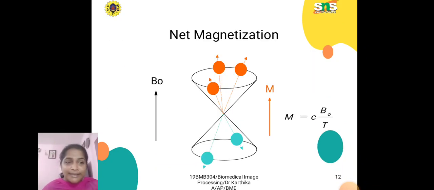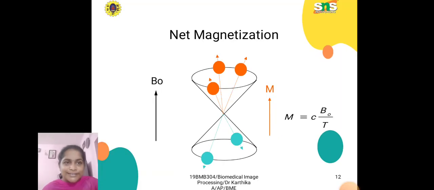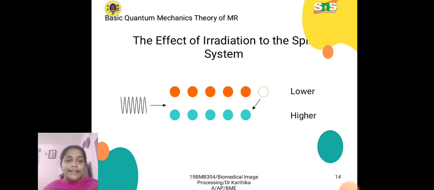Here the net magnetization M equals C B naught by T. See here, the net magnetization. And we have a spin system before irradiation. We have lower energy as well as higher energy based on the spin alignment. The effect of irradiation on the spin system: we have lower as well as higher energy levels.